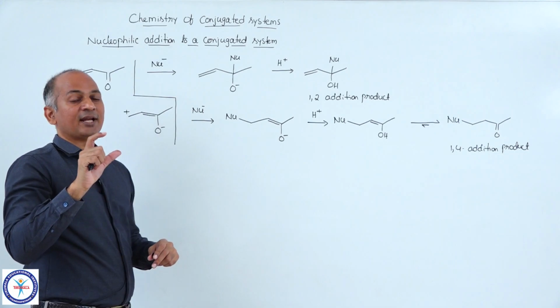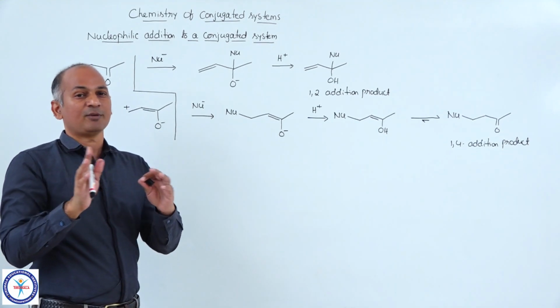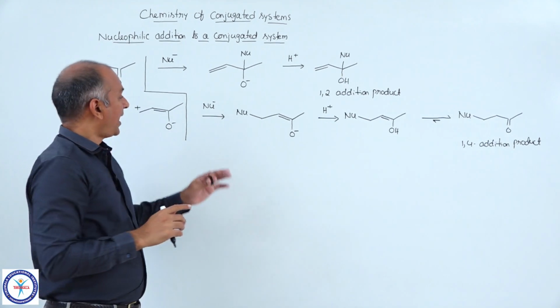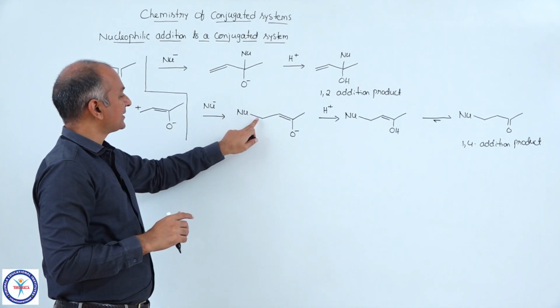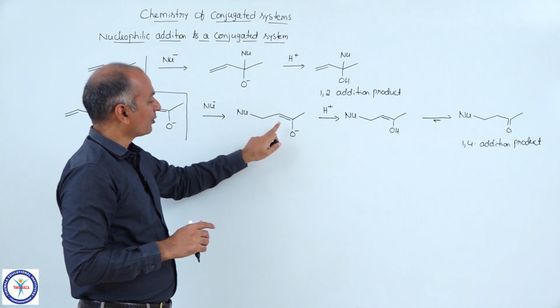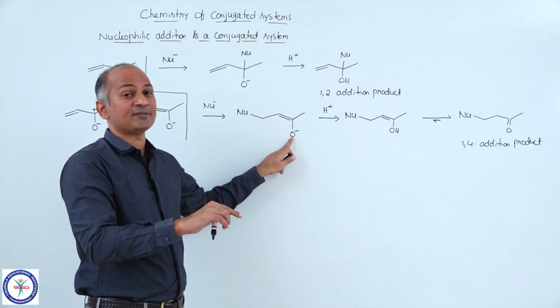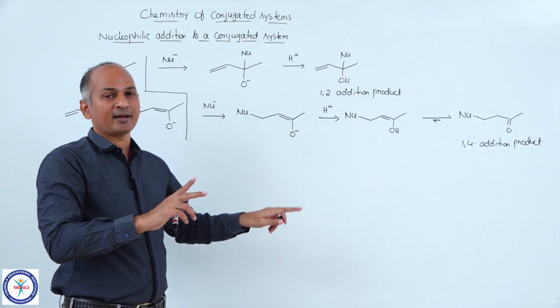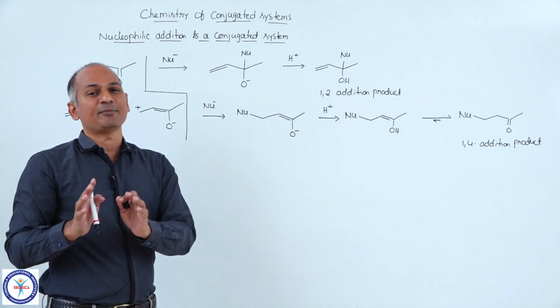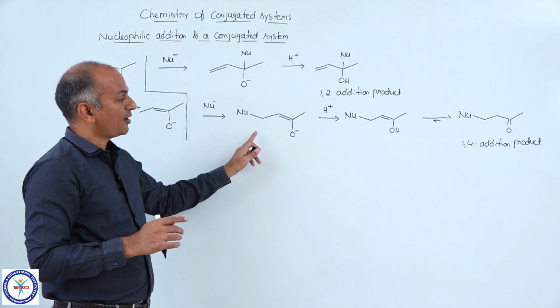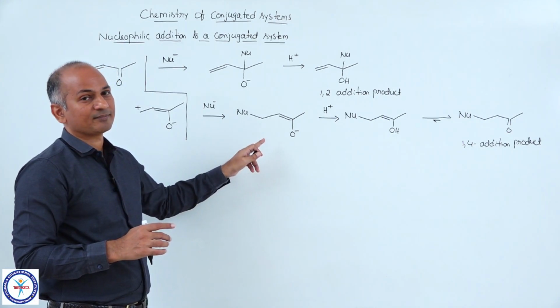So the relative position of those two is 1,2, neighboring. And here the nucleophile attacked C4 and the electrophile attacked the oxygen, of course initially, when the enol form is formed, and the relative position of that oxygen and carbon is 1 and 4. So it is called the 1,4 addition product.